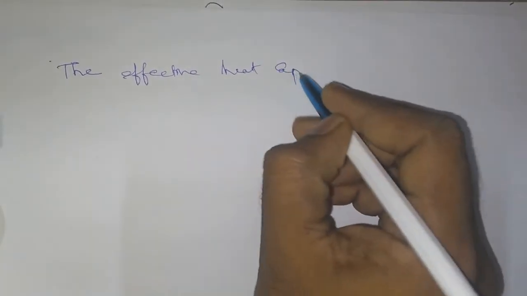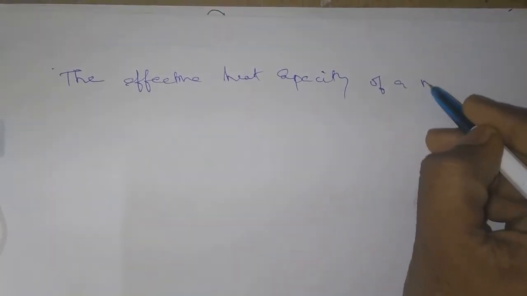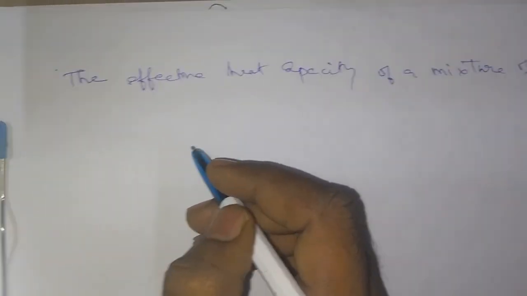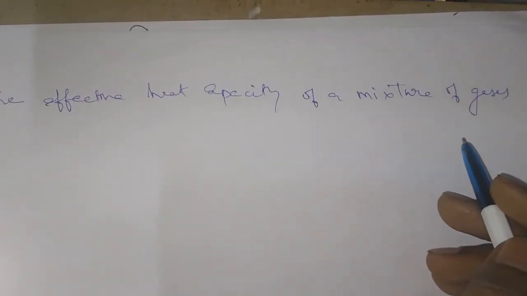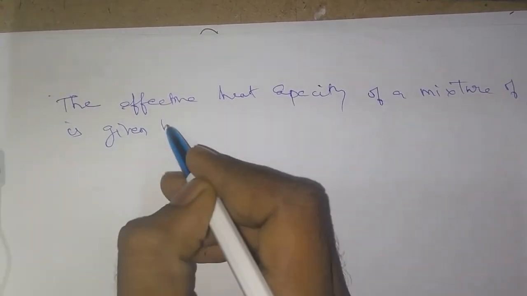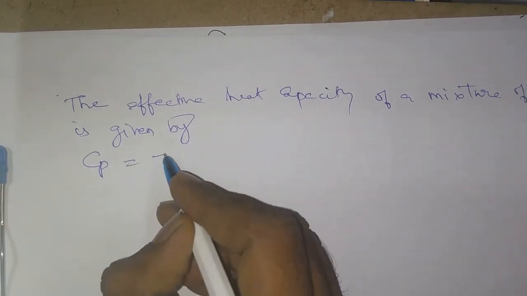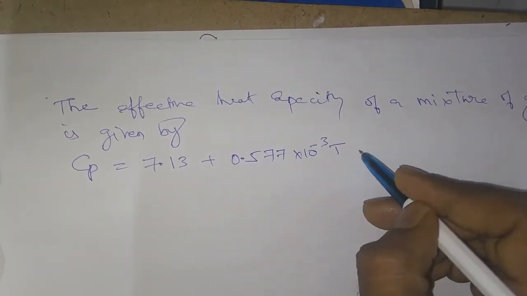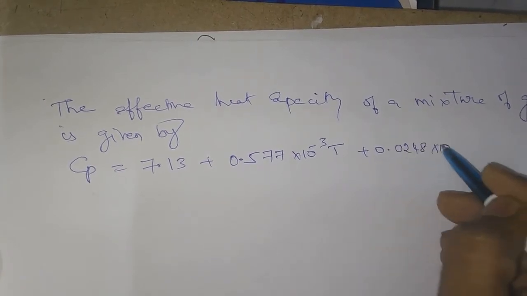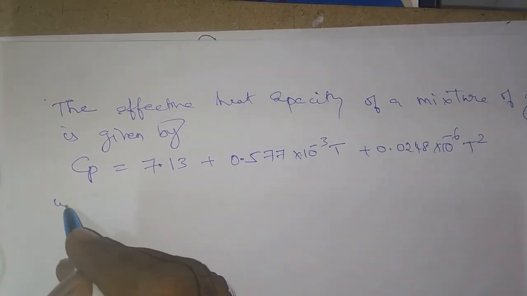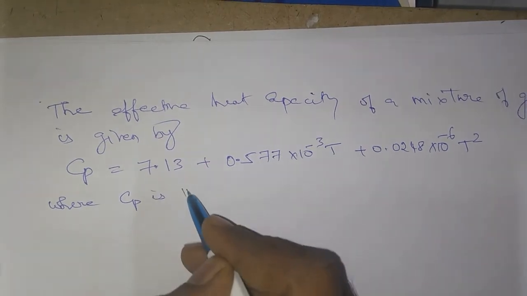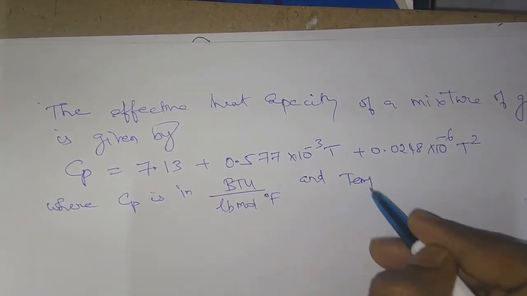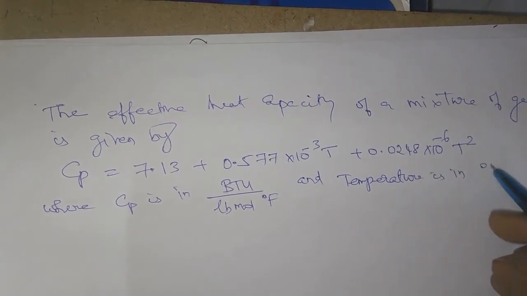The effective heat capacity of a mixture of gases is given by Cp equal to 7.13 plus 0.577 into 10 power minus 3 T plus 0.0248 into 10 power minus 6 T square, where Cp is in British thermal units per pound mole degree Fahrenheit and temperature is in degree Fahrenheit.